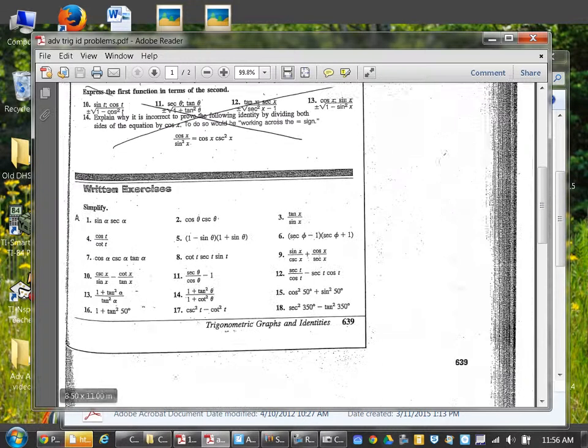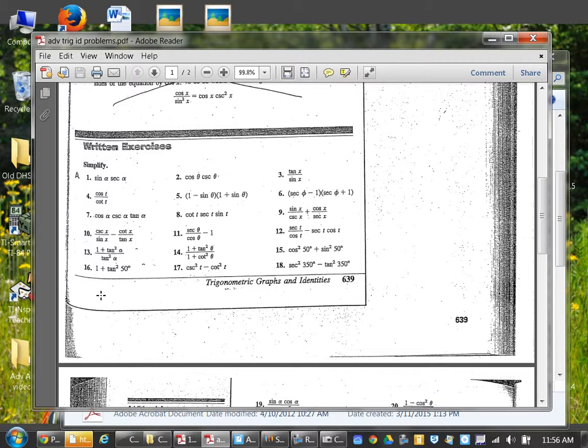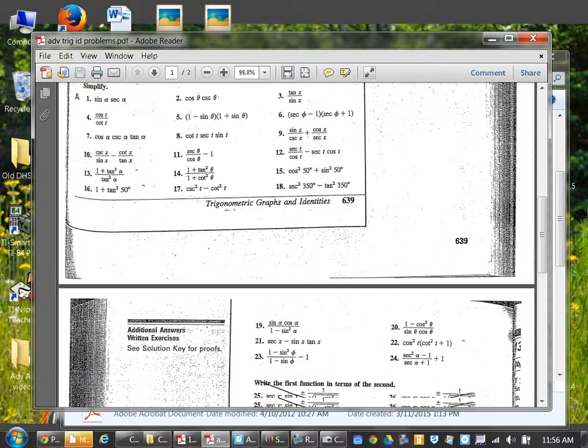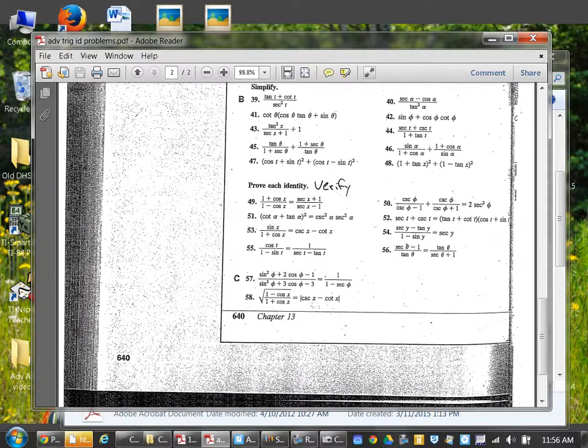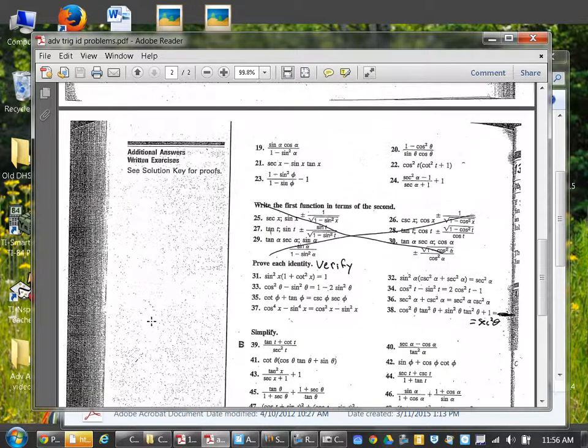Start with the bottom section there, 1 through 18, where it says the written exercise. And then I want you to do the verifies at 31 through 34. I just want to start with that. There are a ton of these problems. Don't lose that sheet, because we'll be using that again tomorrow with more complex stuff. And I've got more and more and more, okay?